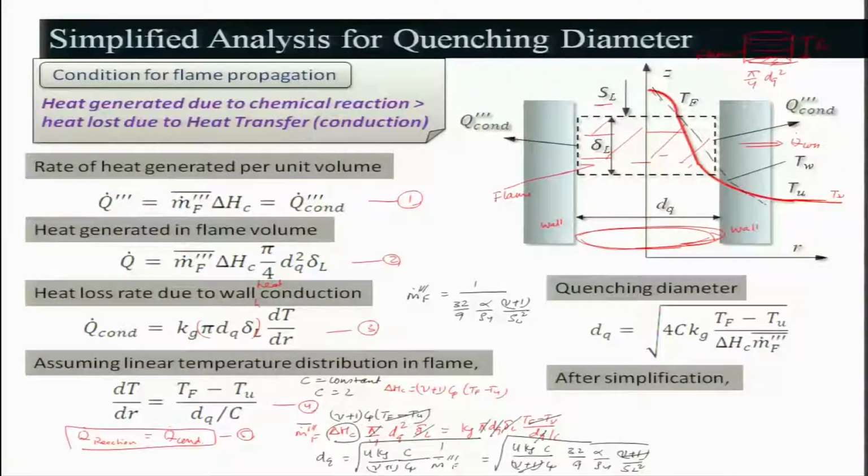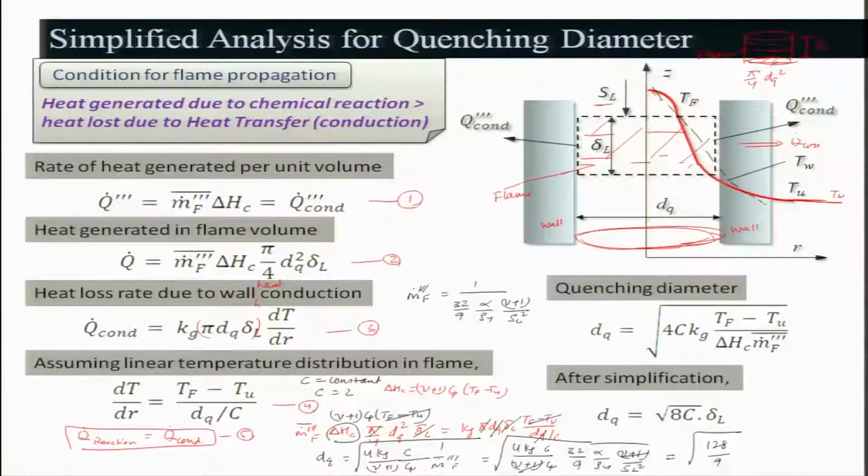So, I will get basically, if I look at this, root over 128 by 9, 32 into this, and kg by rho u Cp, right, rho u Cp is nothing but your alpha.